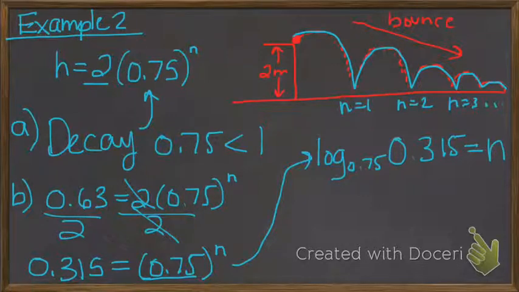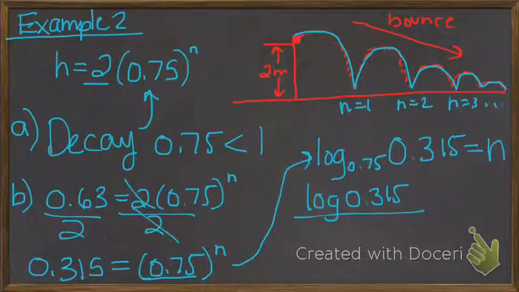Right? So again, 0.75 to the power of n gives us our argument, our answer there, 0.315. We have to use the change of base formula. So the log of 0.315 divided by the log of 0.75 gives us n.